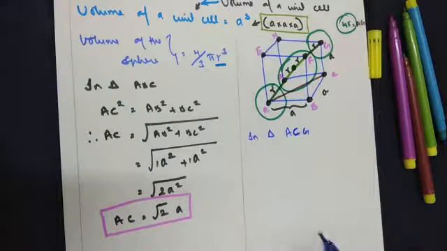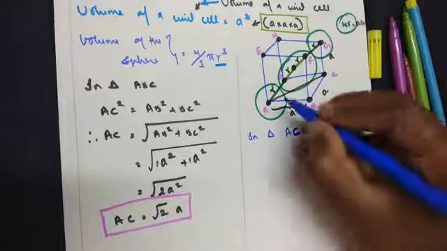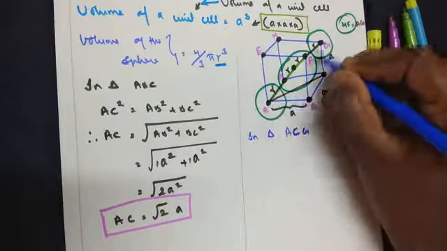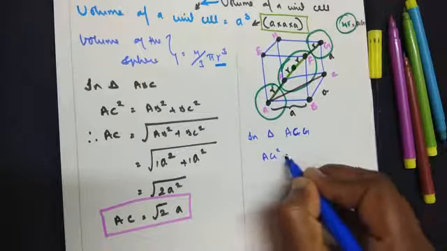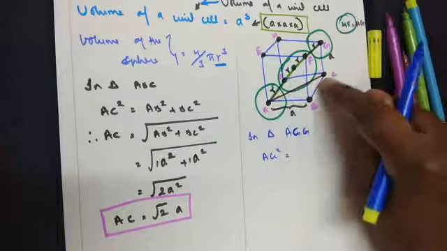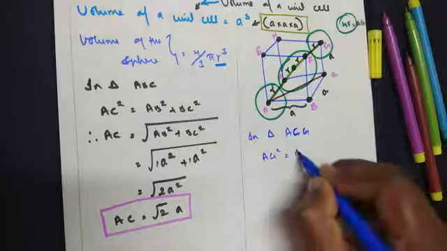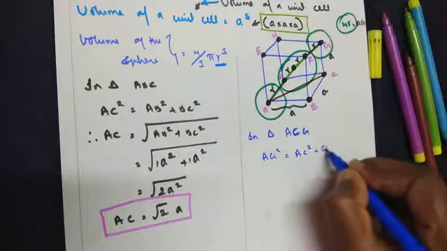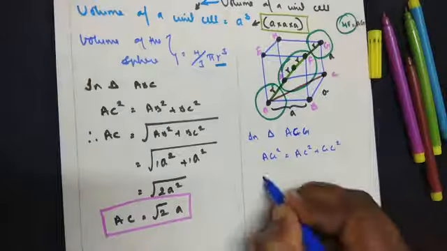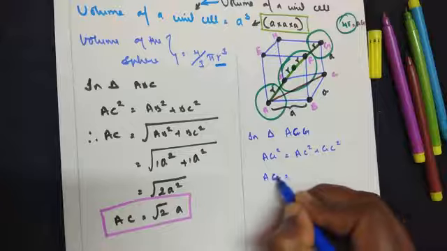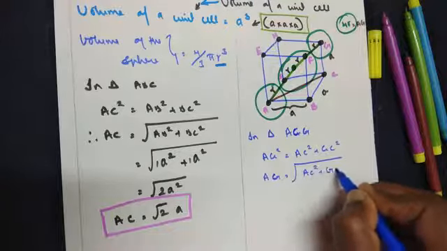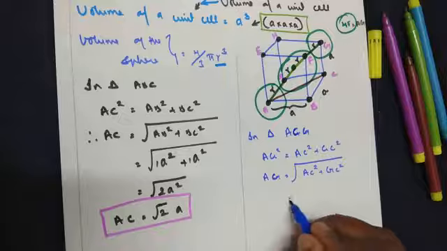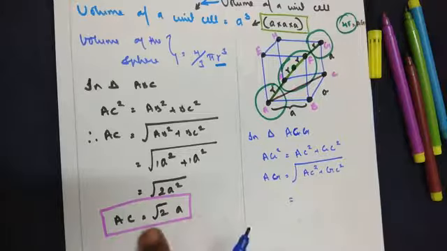So in triangle ACG, again according to the Pythagoras theorem, what is the hypotenuse here? AG is the hypotenuse. So AG square is equal to the sum of the squares of the opposite and the adjacent, that will become AC square plus GC square. Therefore, AG is equal to the square root of AC square plus GC square. Let's substitute. What's the value of AC?